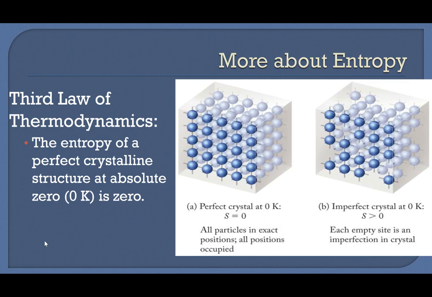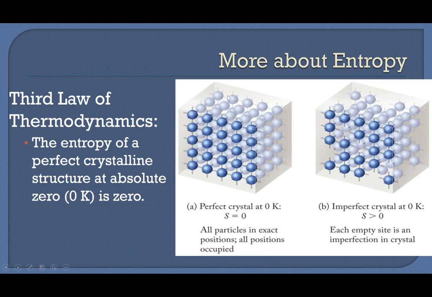And the third law of thermodynamics is that for a perfect crystalline structure, so a perfect molecule at absolute zero, so when Kelvin equals zero, the entropy of that particle would be zero as well. So all particles are in exact positions, all positions are occupied, and nobody is moving.